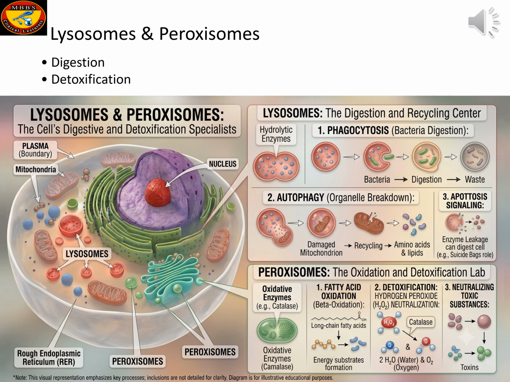Peroxisomes contain oxidative enzymes. Functions: break down fatty acids, detoxify hydrogen peroxide, neutralize toxic substances, support lipid metabolism. Catalase converts hydrogen peroxide into water and oxygen.